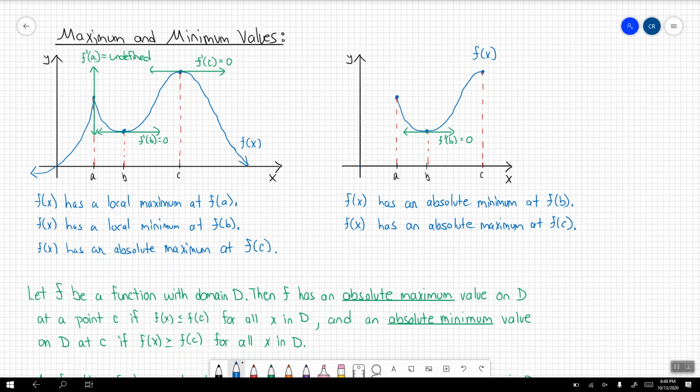The only thing about absolute maximums and minimums is that they can occur at the endpoints. Typically, the endpoints don't have to be maximums or minimums. However, because we're restricting the function to some interval, we have to test them.